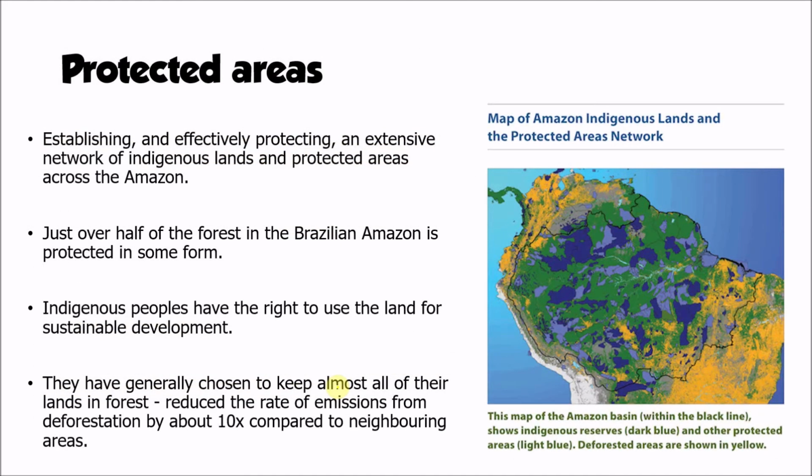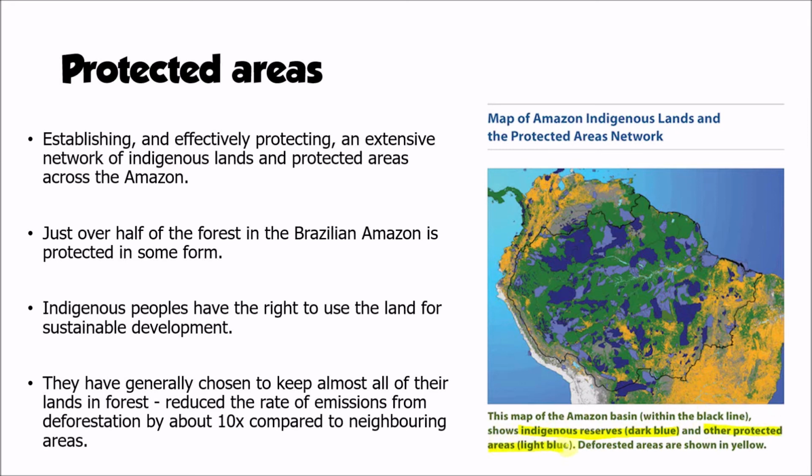Another really fundamental step that Brazil took was to increase the amount of protected areas within the Amazon. So the map on the right hand side shows you a map of indigenous lands and protected areas within the Amazon. The Amazon basin is outlined by this black line on the map, and the indigenous reserves, the areas reserved for the native populations of the rainforest, are indicated in dark blue, and other protected areas are indicated in light blue on this map.